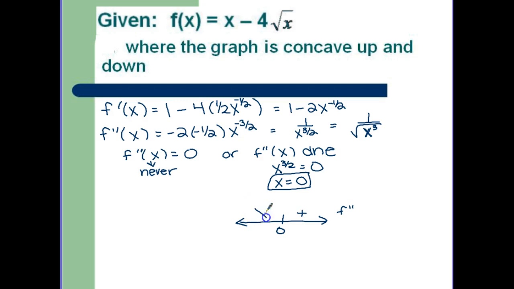It doesn't exist over here. Doesn't that make sense with the original function? So if the second derivative is always positive, then the original graph is always concave up.